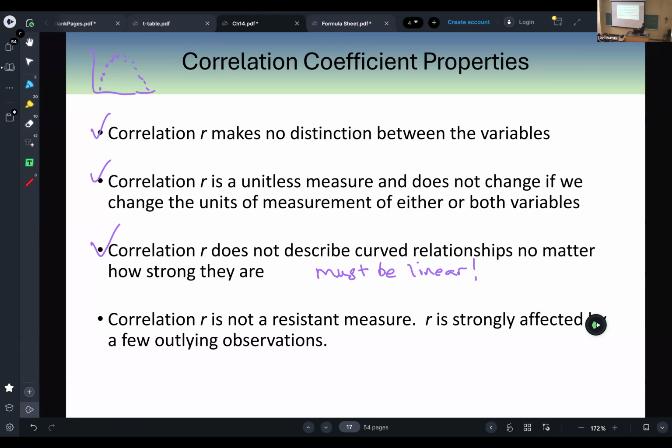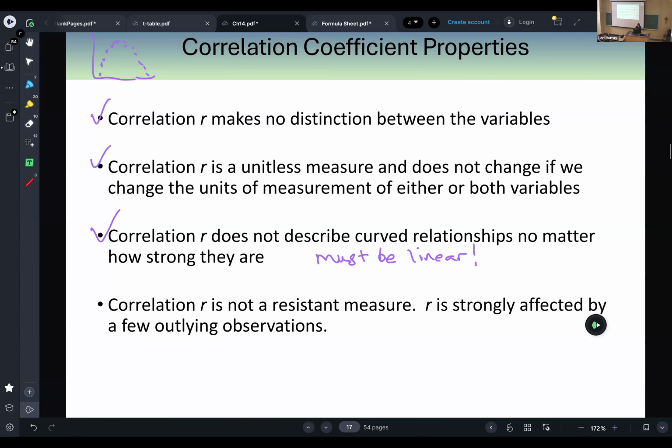That's why it's always important to do a quick sketch or get a plot of the X, Y variables to make sure. Because the software doesn't know, and even when you're crunching the numbers, it doesn't know if it's linear or not. You actually have to plot it to see. Okay. Correlation R is not a resistant measure.